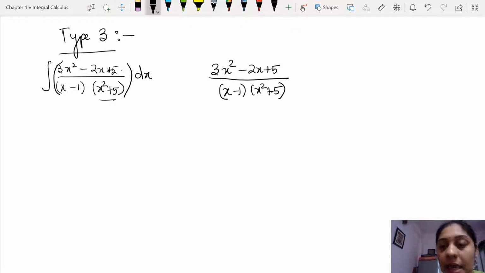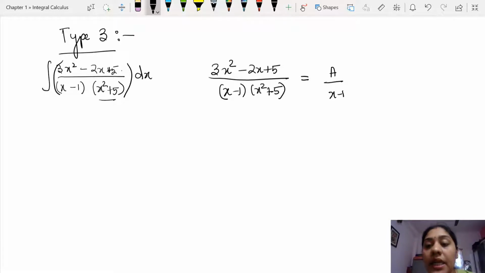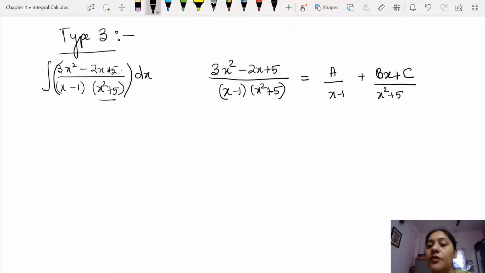I'm just writing this as it is. This whole thing is nothing but a by x minus 1. Linear term, don't worry, write it as it is. The quadratic term, write it like this. Bx plus c divided by x square plus 5. Okay. Only then when you multiply, here you will get a quadratic.